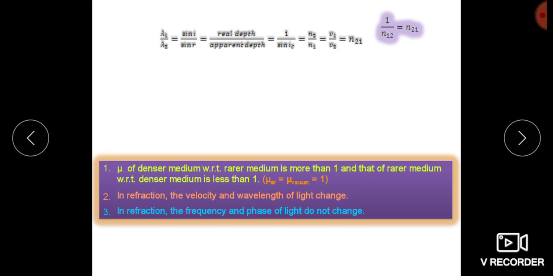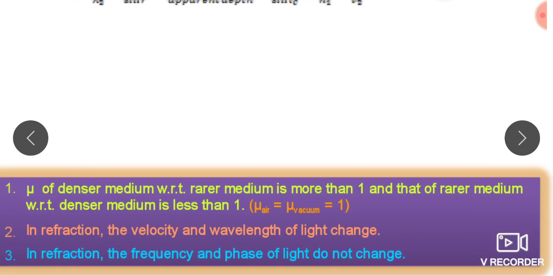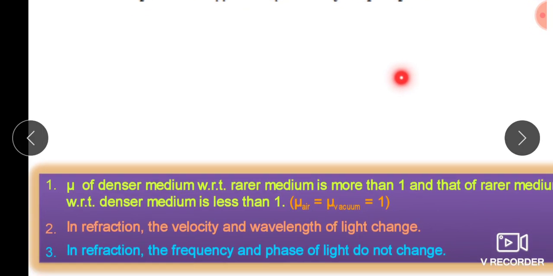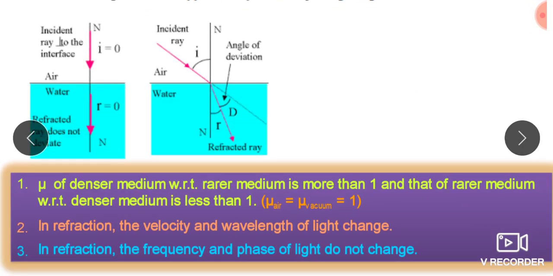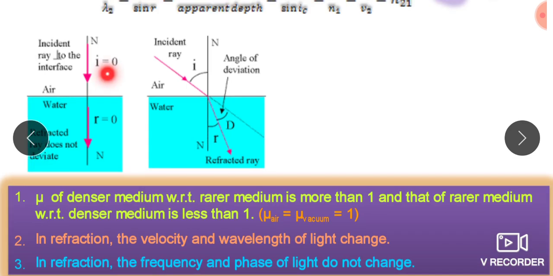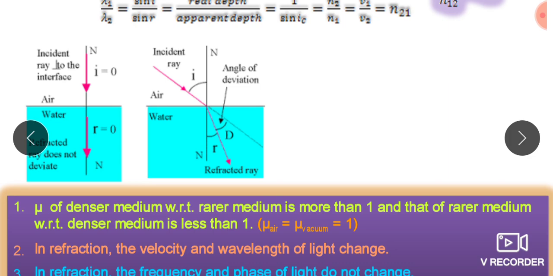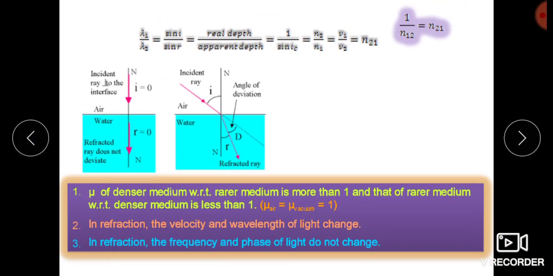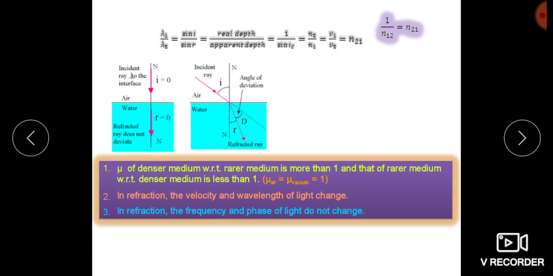Now, what exactly are sin i and sin r, and how can we measure them? See, this is the normal and this is the incident ray.